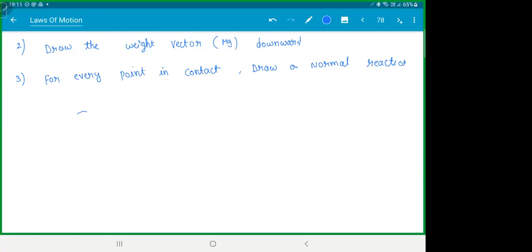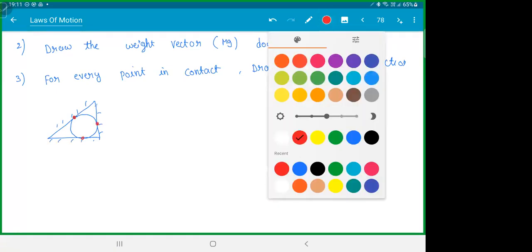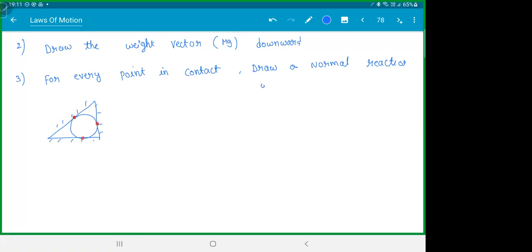For example, let's say you have a sphere stuck in a thing like this. If you see, there is one contact, there is one contact, and there is one contact. Draw normal reaction with appropriate symbols.